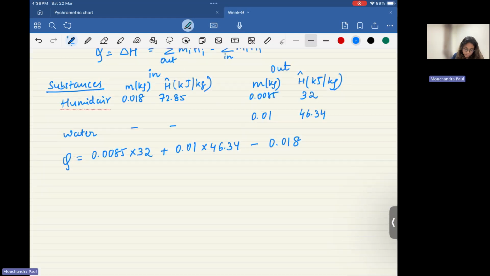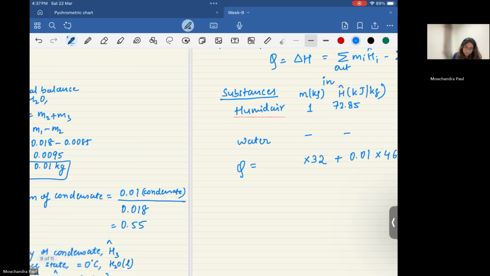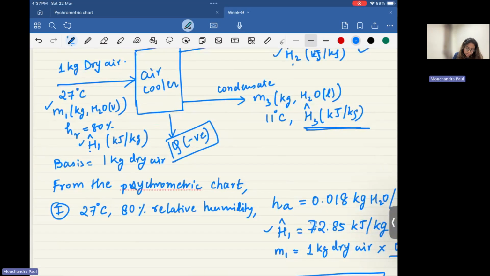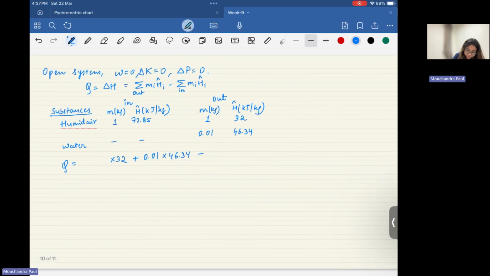Let me rectify this. See, the humid air that came in was 1 kg. So M1 and M2 were the mass of water vapor in the air, but this is the total mass that came in. There will be 1, and this will also be 1 into 72.85.